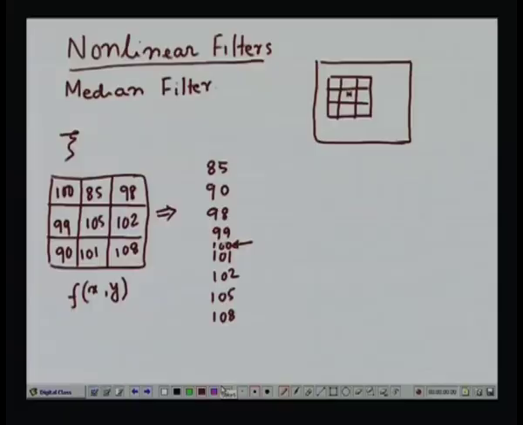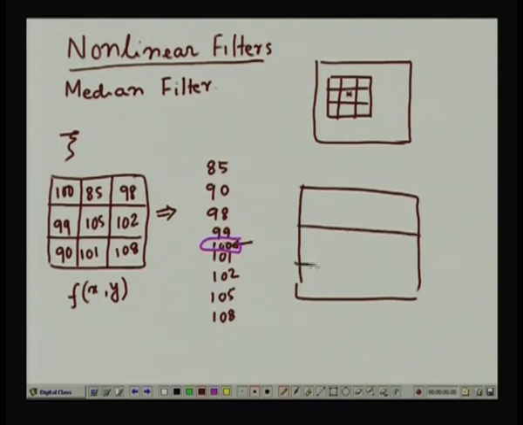So, I consider this particular pixel value 100, and when I generate the image g(x,y), at location x y I put this value 100, which is the median of the pixel values within this neighborhood. So, this gives my processed image g(x,y).